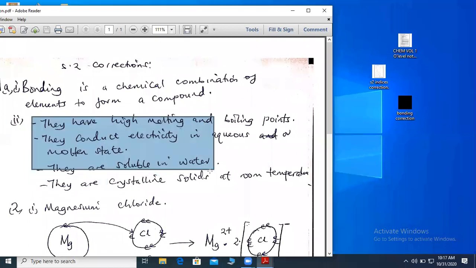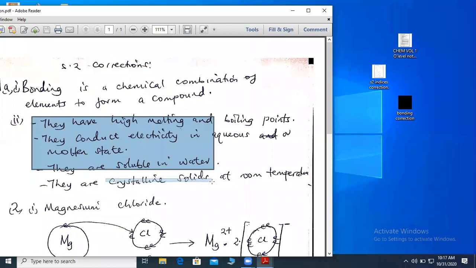So the 4th one, I'm adding it for you. Compounds formed by ionic bonding: many of you are saying they are hard and brittle. I closed one eye and gave you that mark, but that's not correct. Don't write that again. The other property should be they are crystalline solids at room temperature.